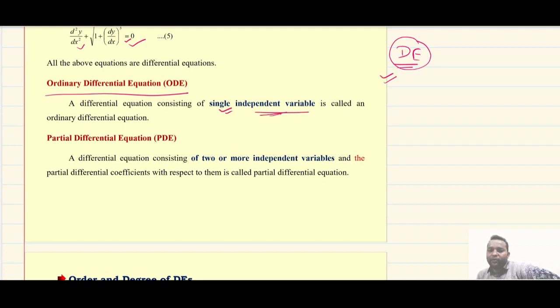A single independent variable always yields the ordinary differential coefficient. Therefore, it is said to be an ordinary differential equation.